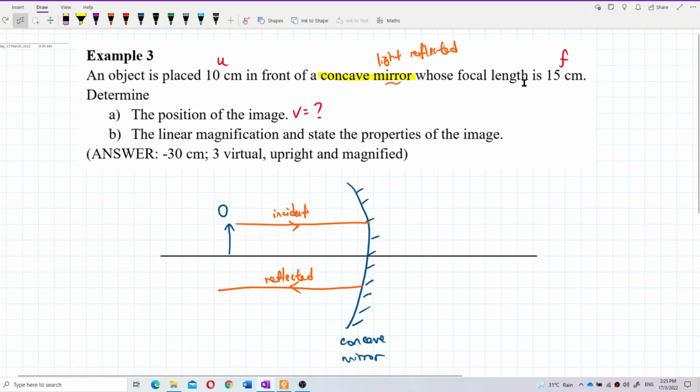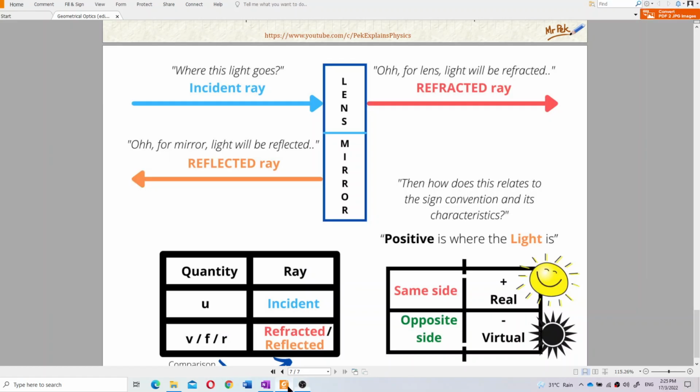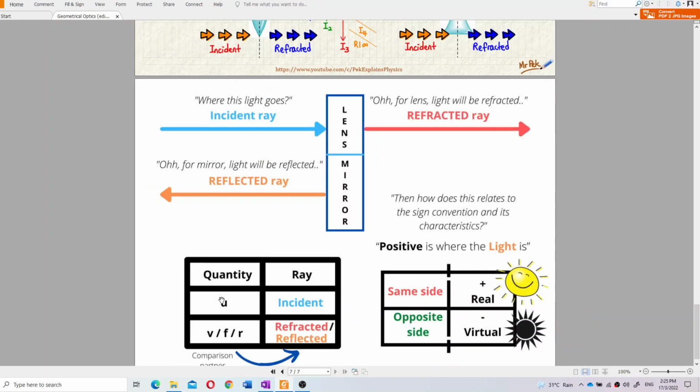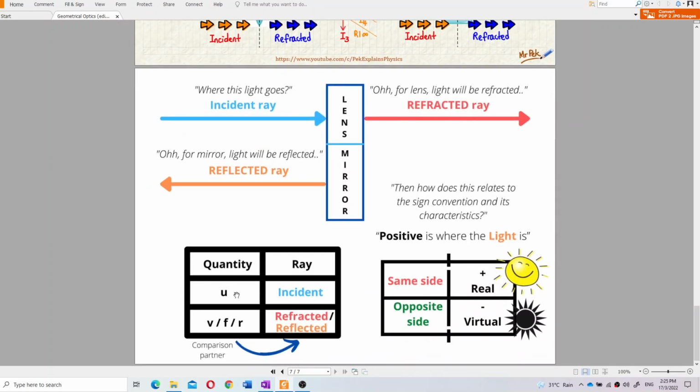So this object distance should be positive or negative? Remember our rules. Object always compares with the incident ray. The rest, like image, focal length, and radius, compare with the reflected ray.